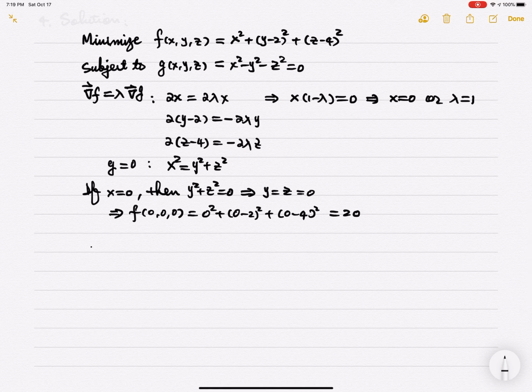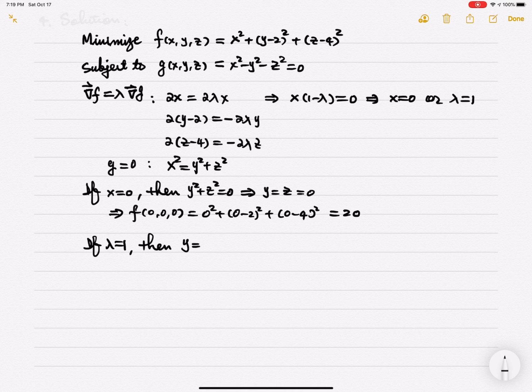The second case is if lambda equal to 1. Then you substitute into the second equation. You have 2y minus 4 equal to negative 2y. Negative 2y, you move to the left-hand side, so 4y minus 4 equal to 0.